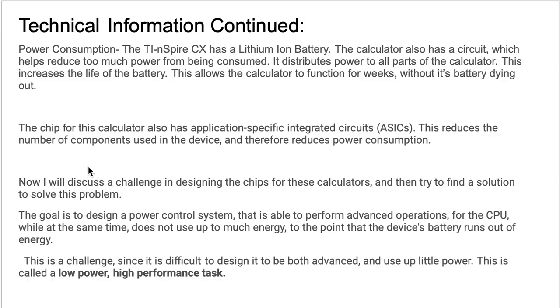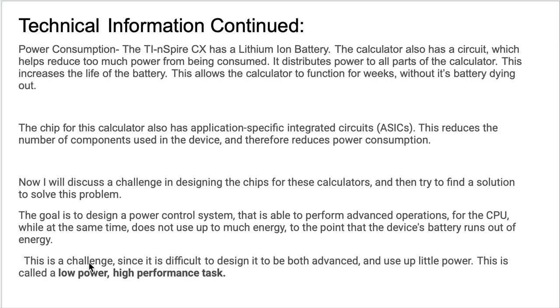So the challenge is this. The goal is to design a power control system that is able to perform advanced operations for the CPU while at the same time not using up so much energy that the device battery runs out. Basically, we have to make a power control system that can perform advanced features and operations without using too much energy, and the battery life can't significantly deplete either.